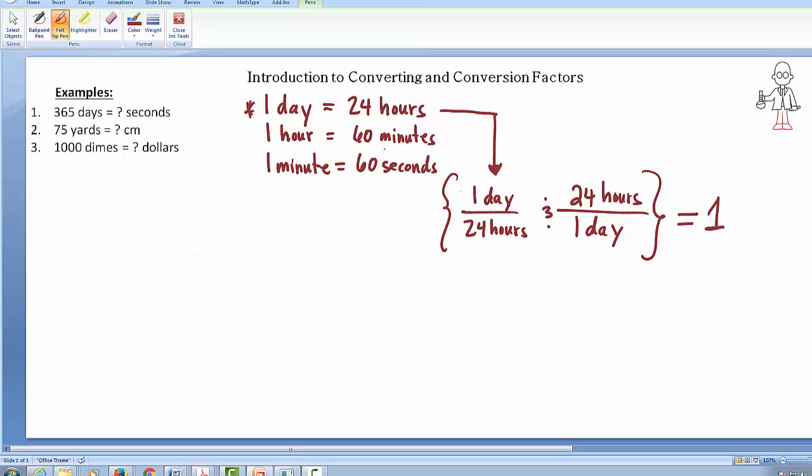The fact that this divided by this and this divided by that, both of those are equal to 1, allows us to use those as conversion factors. So at the same time, if I wanted to write this conversion factor as a fractional ratio, I could say 1 hour over 60 minutes.